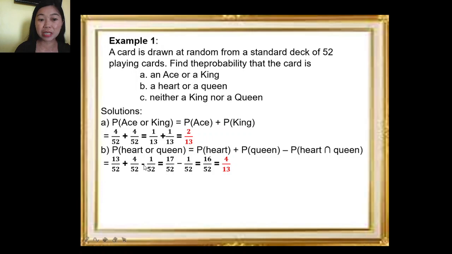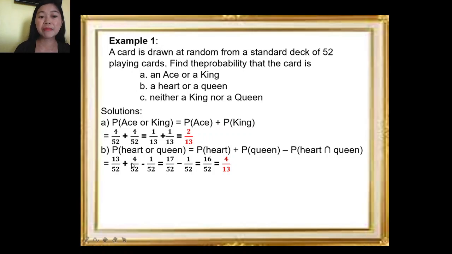Kaya, ima-minus natin yung 1 na heart na counted na dun sa 13. So, ibig sabihin, dun sa 13 na heart, nag-appear na dun yung Queen of Hearts. That's why we need to subtract the intersection of heart and queen, which is 1 over 52.